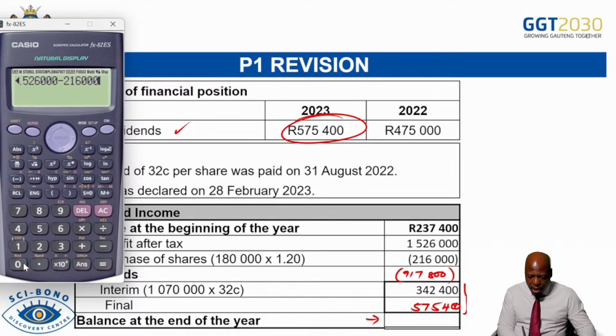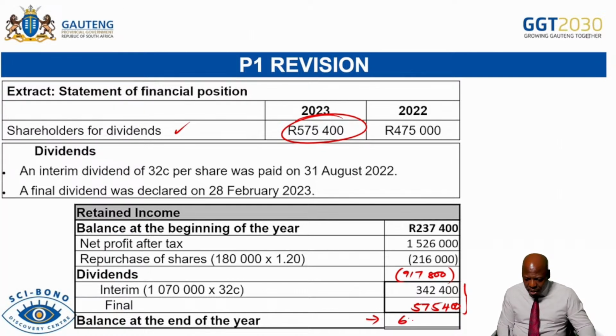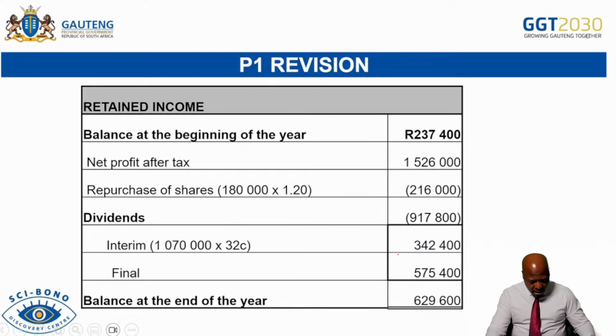Okay, let me just say equals for now, and then I take out the dividends. Then I say minus 917,800. Then I remain with 629,600. So here it becomes 629,600. That becomes the balance at the end of the year. And there is the question when it's completely done.